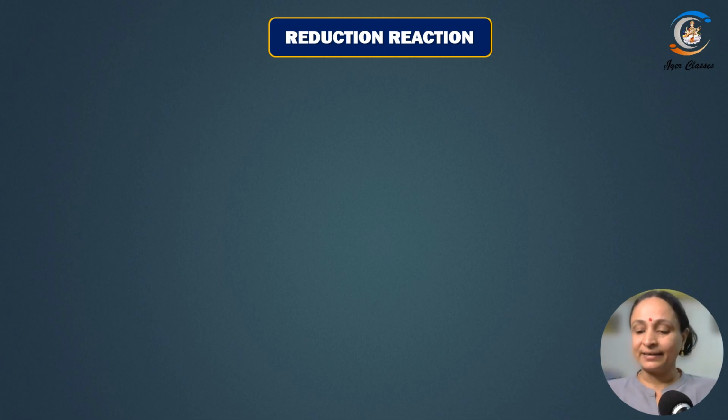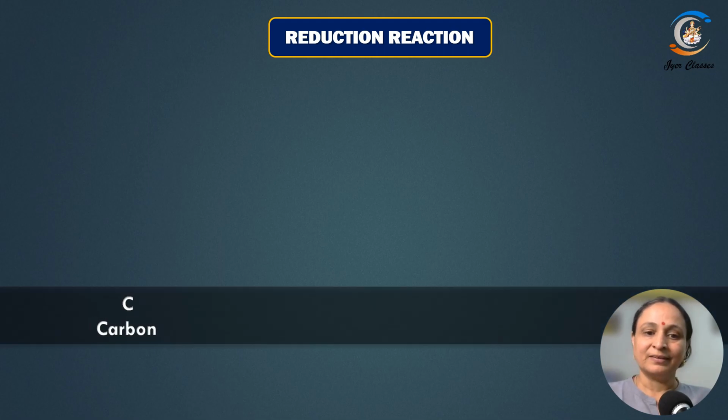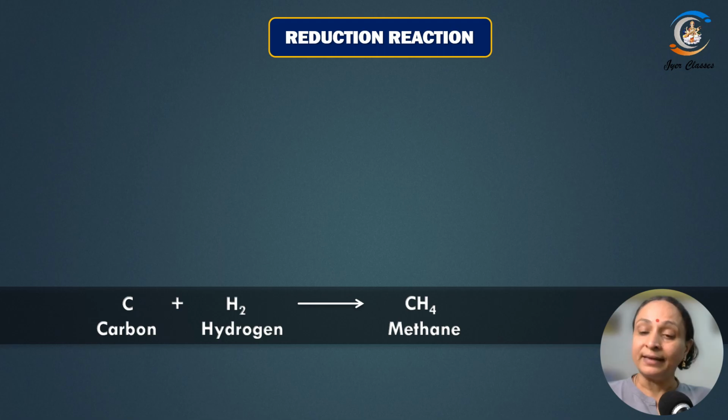Now what do you understand by the reduction reaction? It is the removal of oxygen or the addition of hydrogen. Let us see. Suppose I have carbon, and you add hydrogen to it and you get methane.